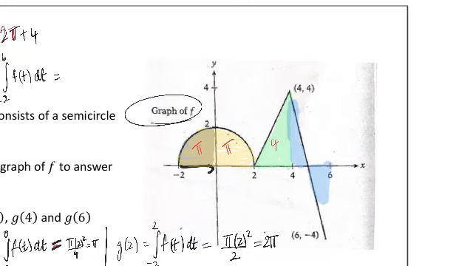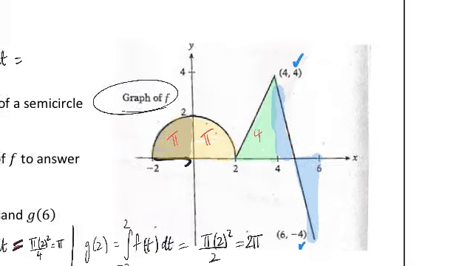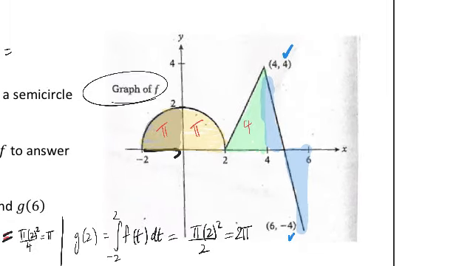You know, it's funny, they didn't draw it particularly well, but if you look at this line, 4, 4, and 6, -4, then that's a line of slope 8 down for 2 over. So it's a line of slope -4. So that means that this really is 5, even though it doesn't quite look like that.